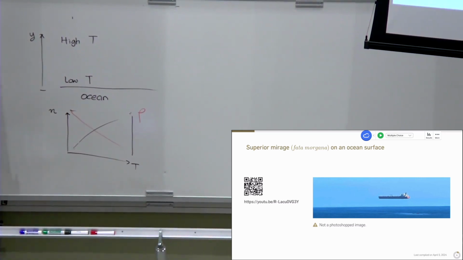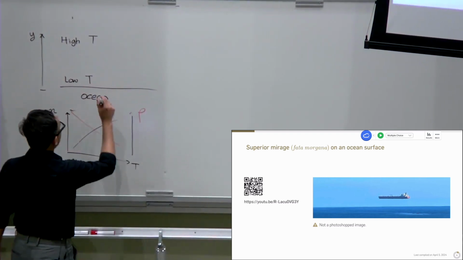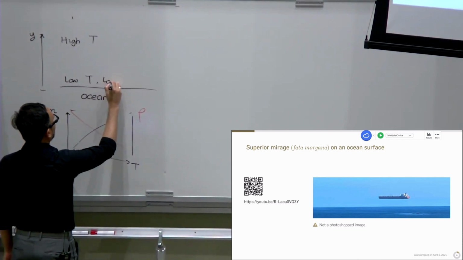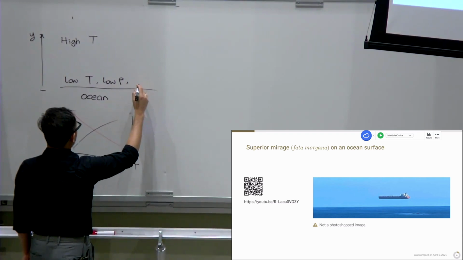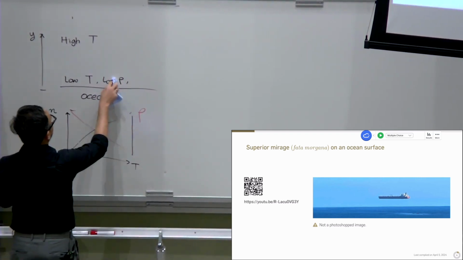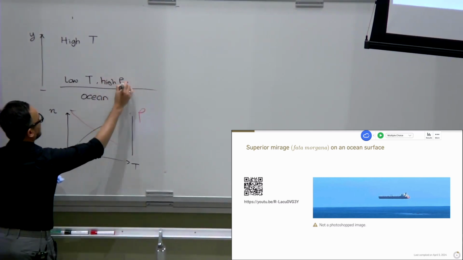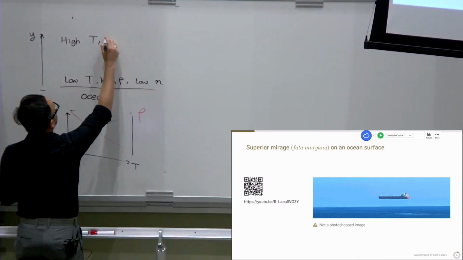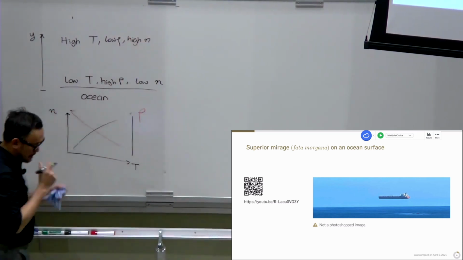Basically this one is low T. Low temperature is higher density. Sorry. Red is density and low refractive index. Similarly, here is low density and high refractive index.